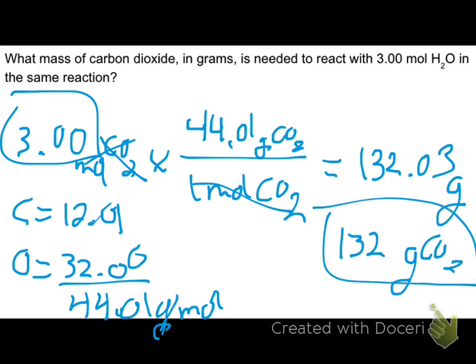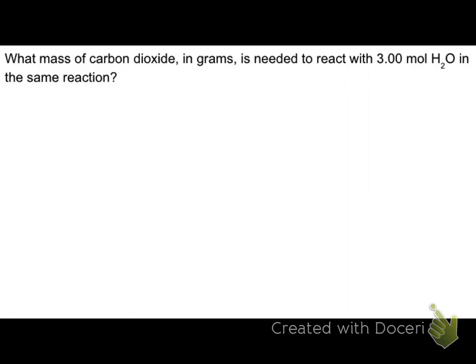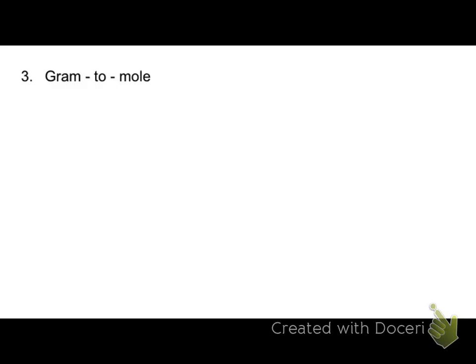There we are. Okay. Now with that type of problem under our belt, it's time to move on to a new type. Don't worry, this one is similar. This is the reverse of what we just did. So still just a 2-step problem, but we're going to go from grams to moles instead.